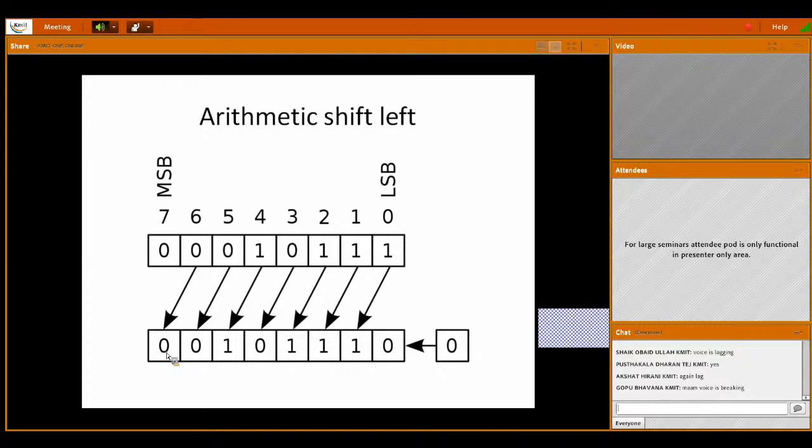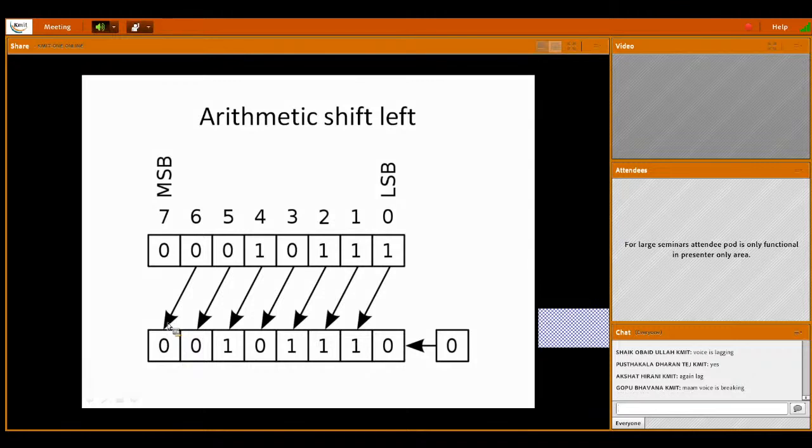What is this overflow and how this sign difference comes, I will explain in the next unit. But as of now, just remember that arithmetic shift left is equivalent to simple logical shift left. Whenever this sign change occurs, it indicates an overflow.